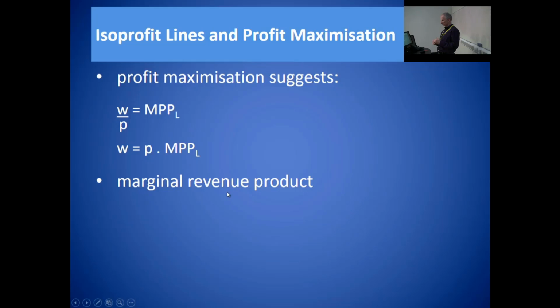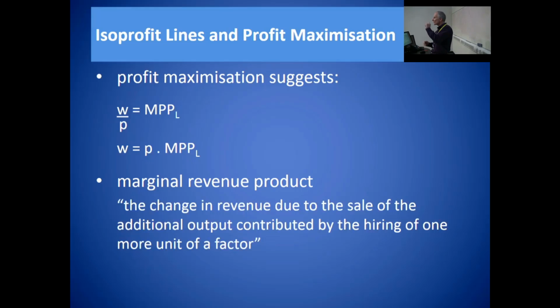If you take the marginal physical product of labour and multiply it by price, you get the marginal revenue product of labour. Now, by its very title, the marginal physical product of labour looks at physical units. If you employ one extra worker, how many physical units of output does that worker produce? How many additional units does he add to total output? That's the marginal physical product of labour.